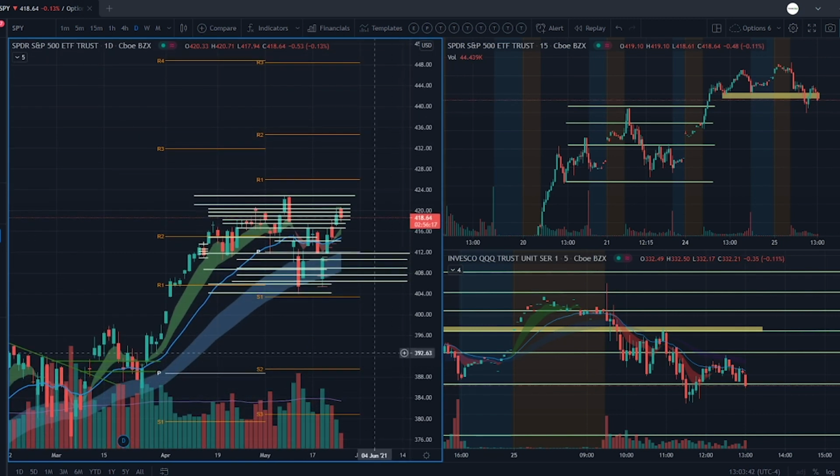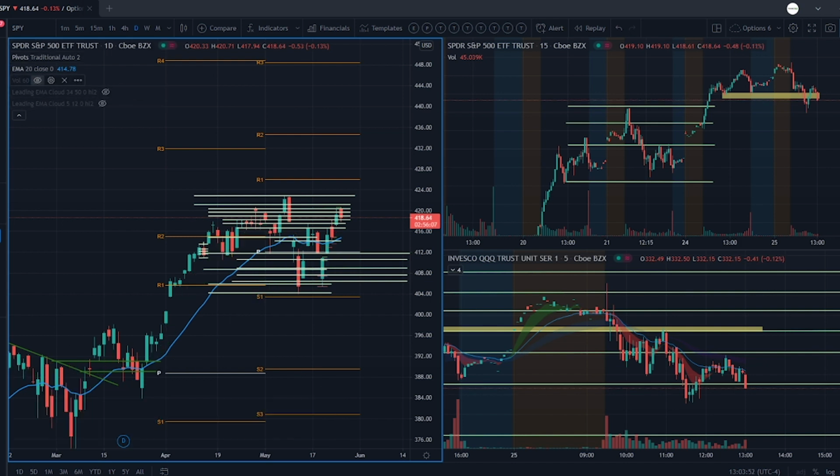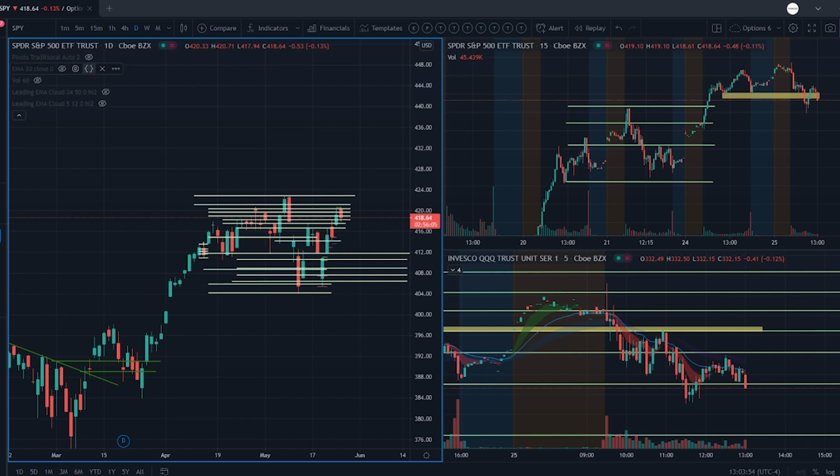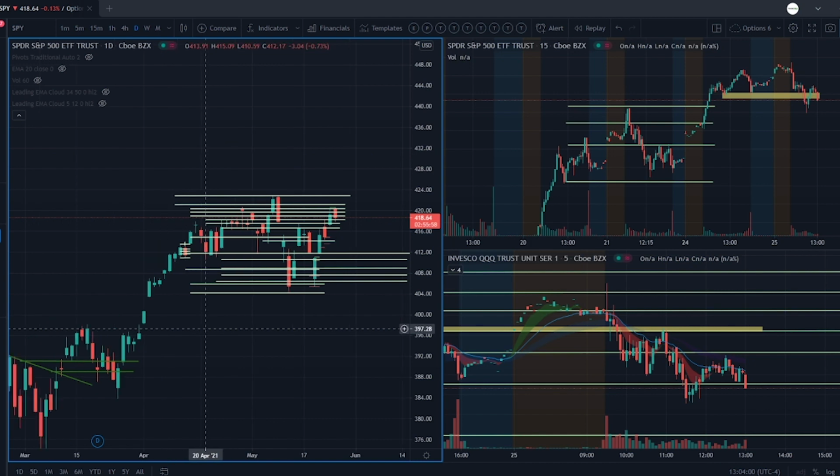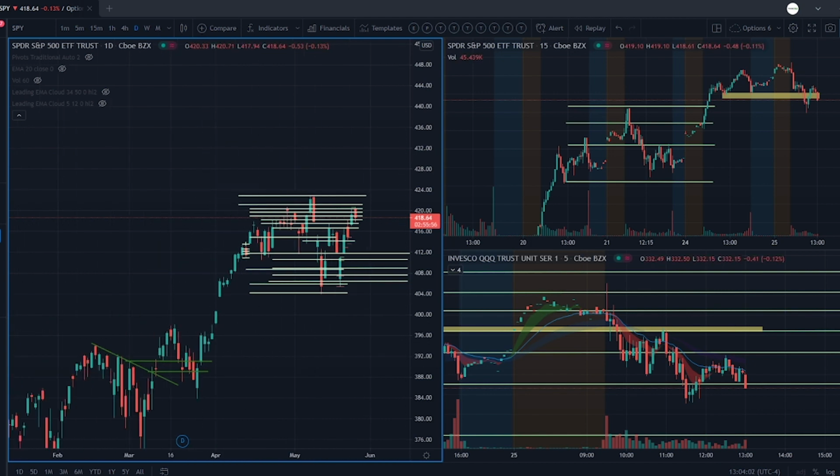Now you can see there is a plethora of lines here that I have drawn on the SPY, and I'm not going to remove these because I want to keep these. They are my intraday daily levels that I like to analyze and identify trade opportunities. Now, if you look at this, it looks very messy, but on a daily basis, you can see that there are price action rules.